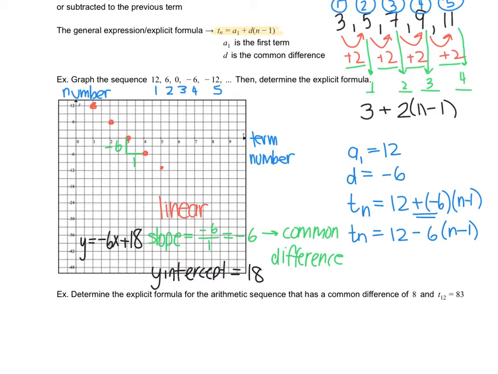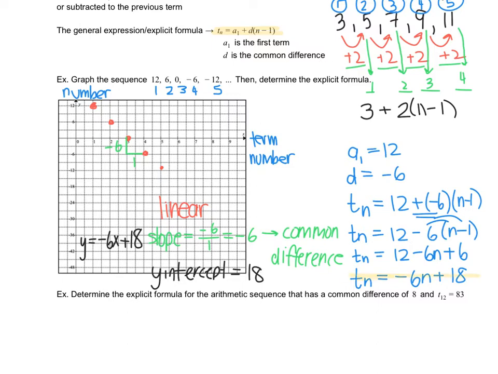You don't have to. You can work with your explicit formula in this form, but I'm just going to distribute that negative 6 in, collect my like terms, and then compare it to my y equals mx plus b. So if I distribute that negative 6 in, negative 6n plus 6, and if I collect my like terms, the 12 and the 6 collect to 18.